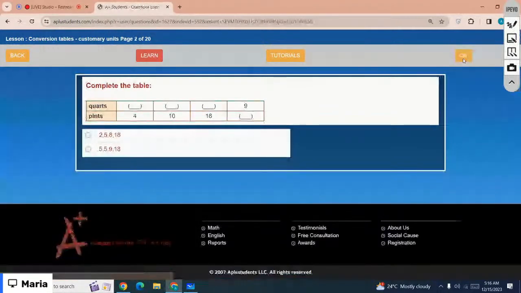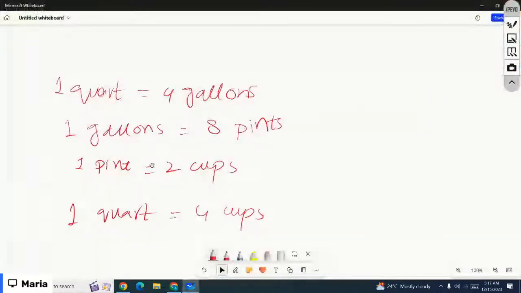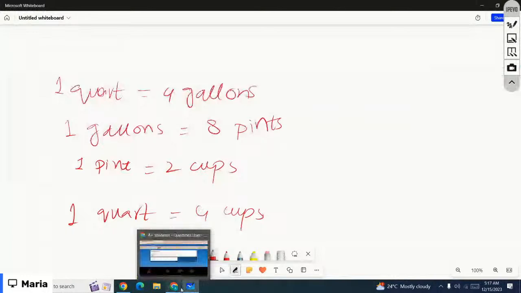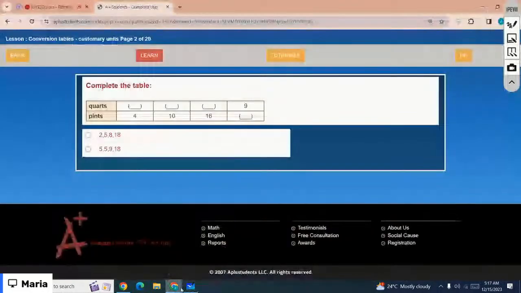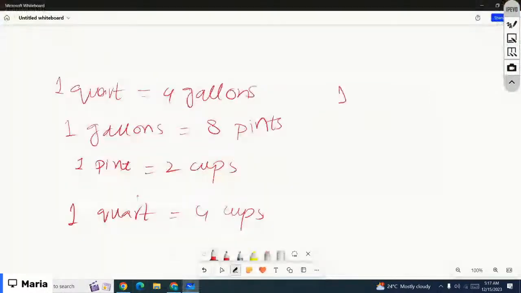Okay, complete the table. You have to convert from quarts to pints, right? 1 quart equals 2 pints, right?